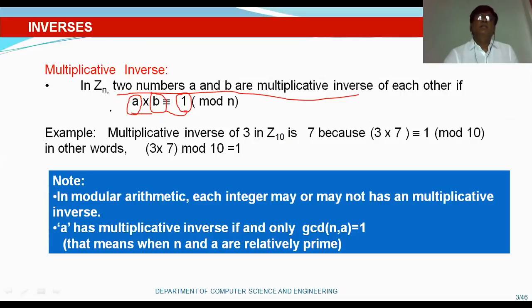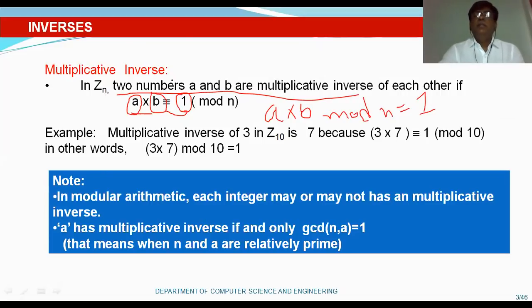In other words, whenever you divide a times b by n, that is a times b mod n, you should get the remainder 1.